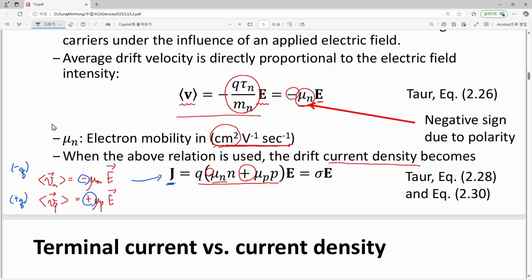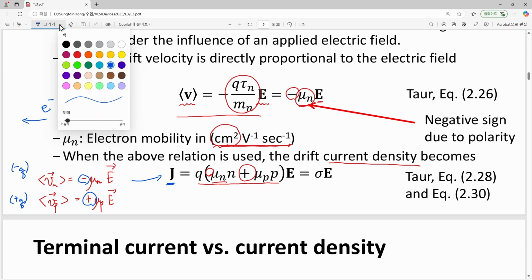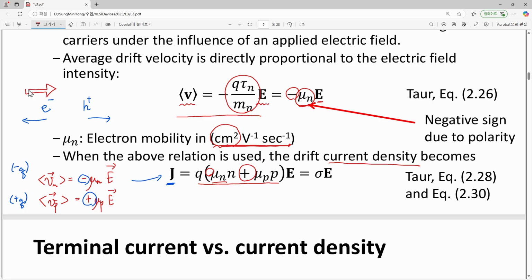So although negatively charged electrons move that way and positively charged holes move that way, in terms of charge movement, both of them say that relatively positive charge is moving toward that direction. So now we have this expression.